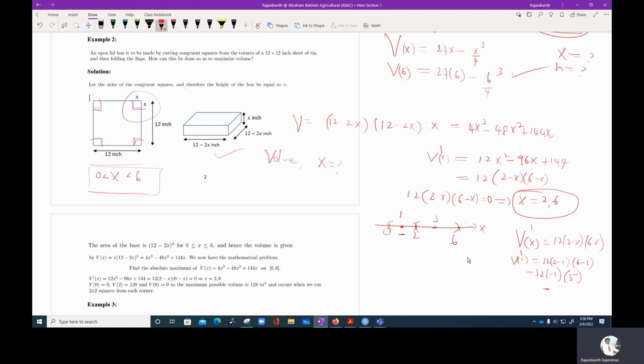How about 3? We plug in 3, we will get 12 times (2 minus 3) and (6 minus 3). Again 12 times negative 1 times 3.